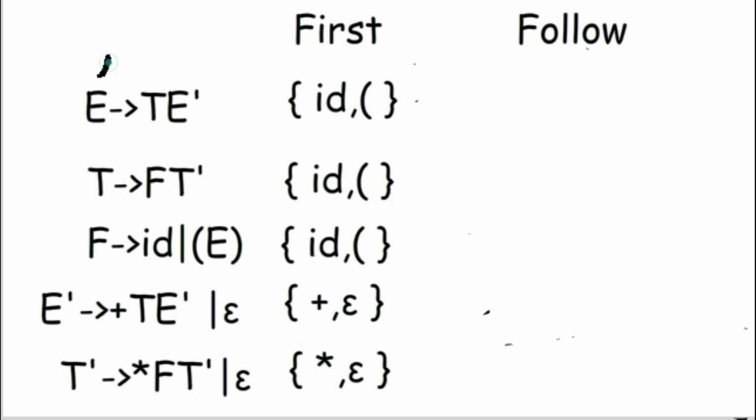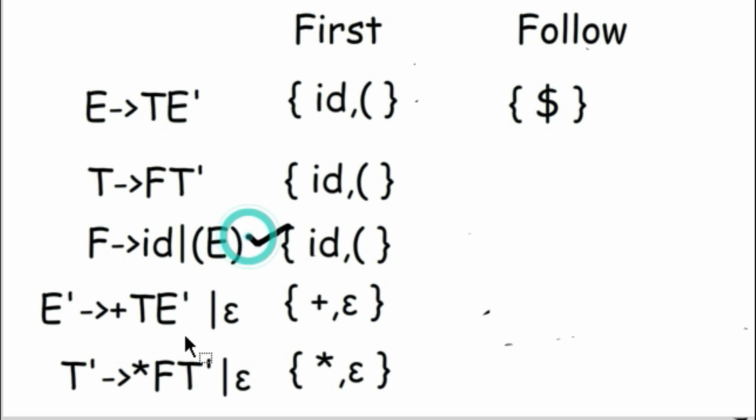What is the follow of e? E is a start symbol, and the start symbol has the follow of dollar. So the follow of e will be dollar. But we also have to find out e on the right hand side, because follow is figured out at the right hand side. This is e dash, so we don't have to consider this.